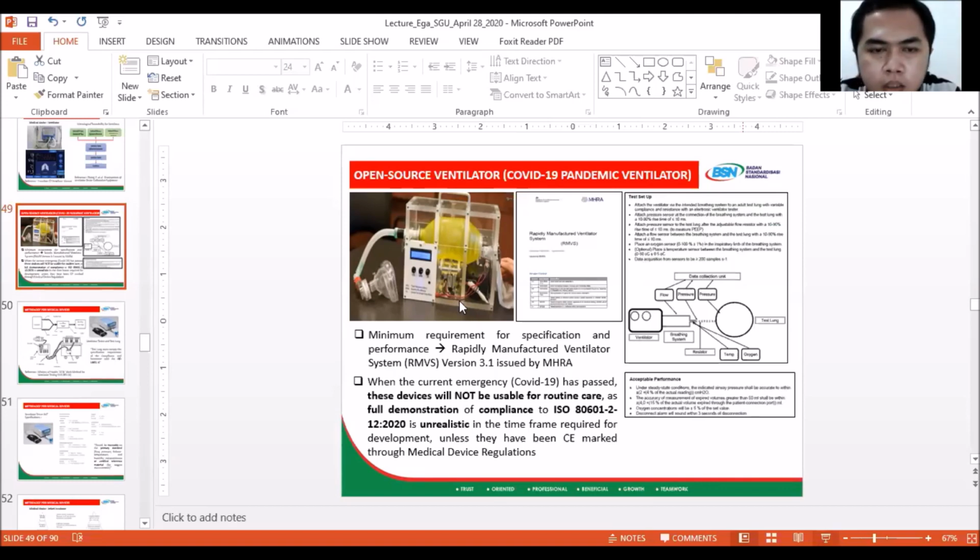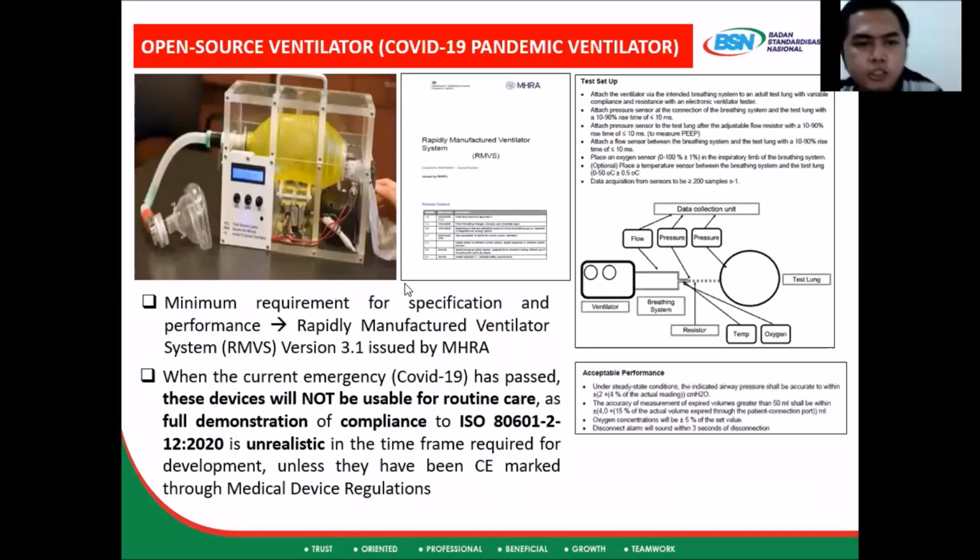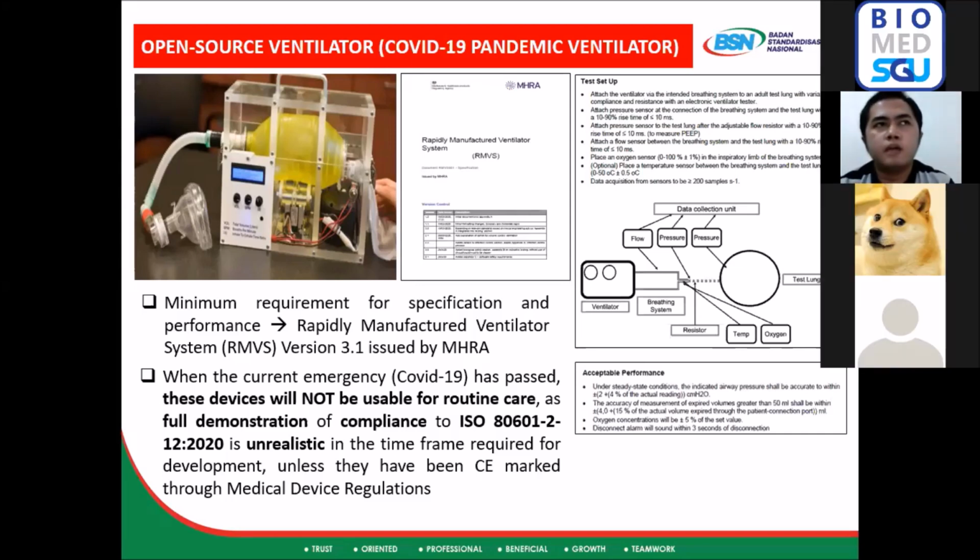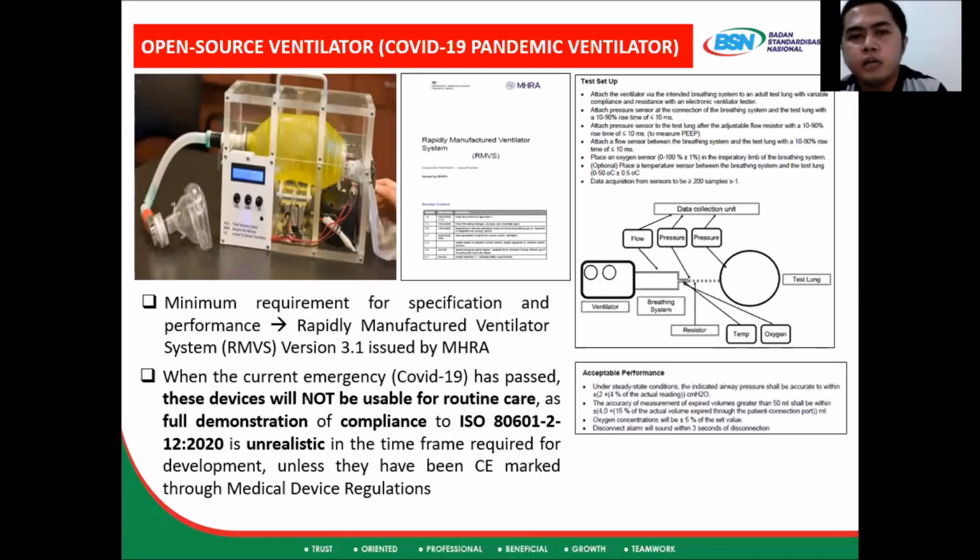In this example, the open source ventilator should comply with the requirement in the RPMS. BPFK also has it, but they just refer to this document for COVID-19 purposes only. So the first step is you must comply with the requirement. Then after complying, the next step is to get the SNI or to get the mass production process.